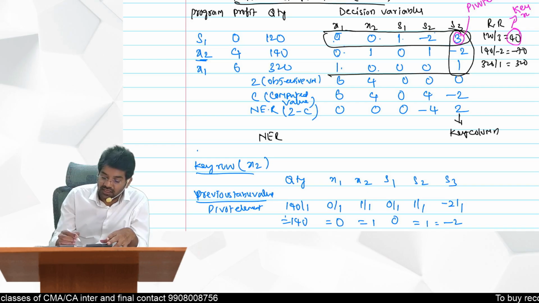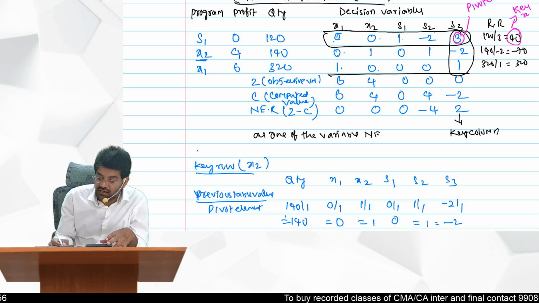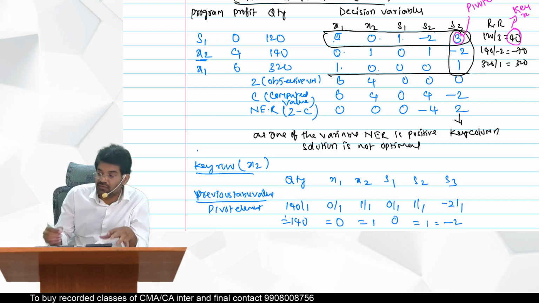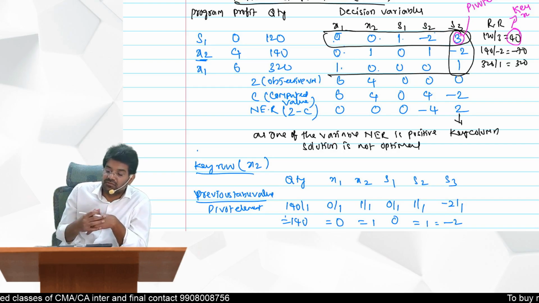If NER is positive, the solution is not optimal. Not optimal. So again we have to replace with another variable. Which one? Based on key column and key row.